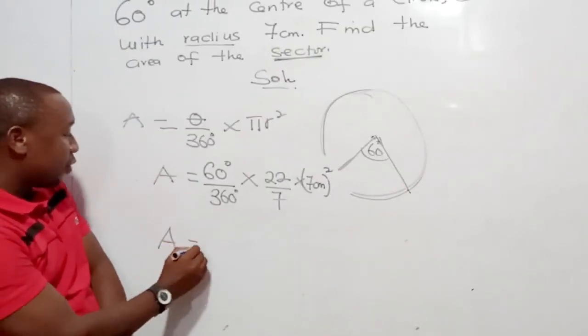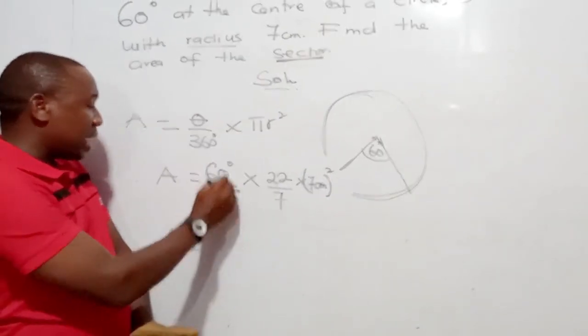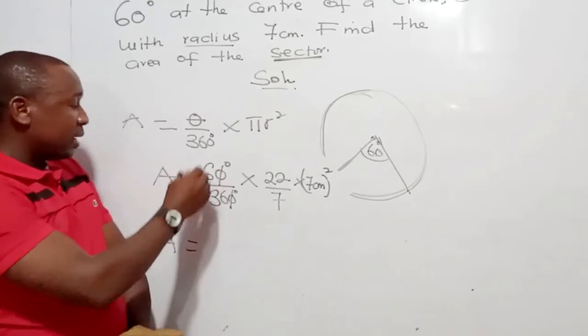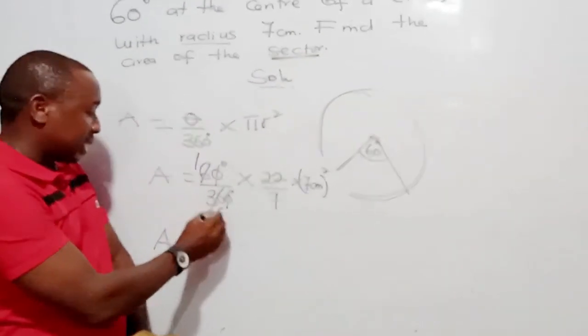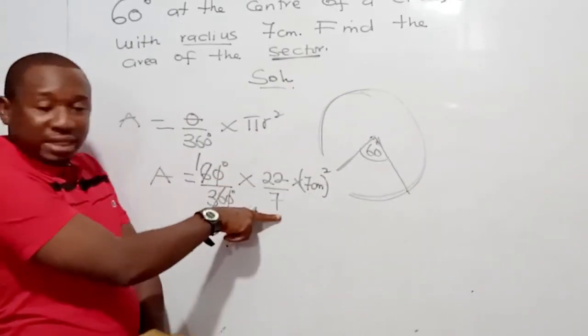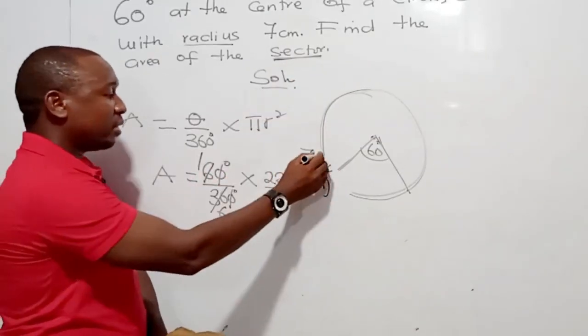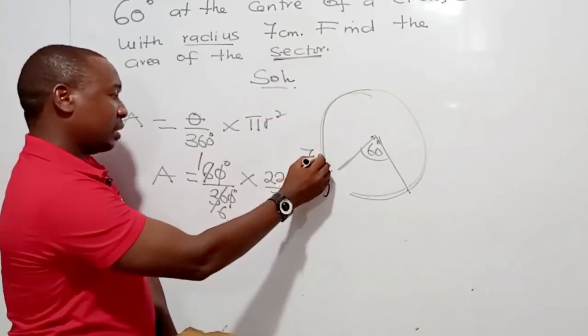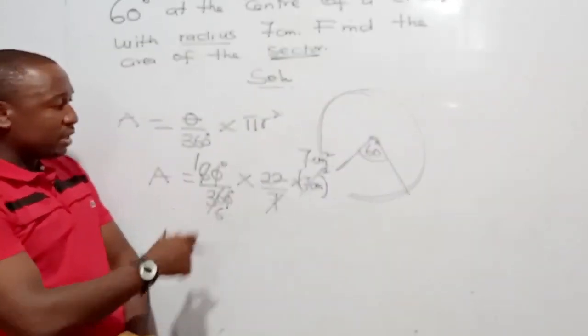Area therefore will be equal to: 0 will cancel 0, 6 goes into itself 1, into 36 6. 7 squared, and we have 7 here, so this 7 will cancel one of the 7s and we will be left with only 7 centimeters squared.